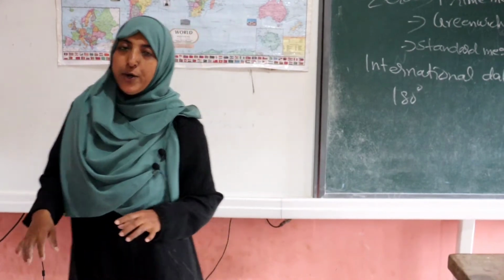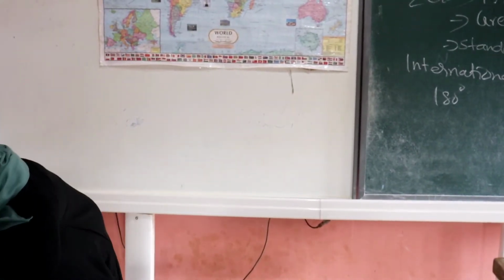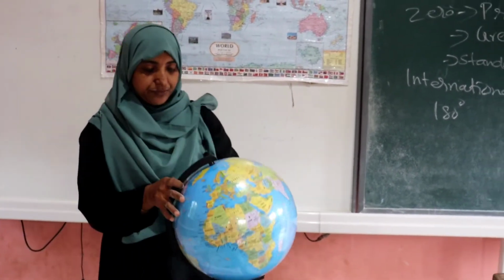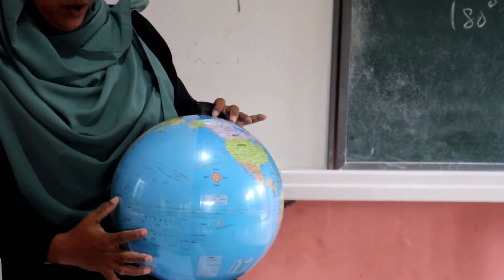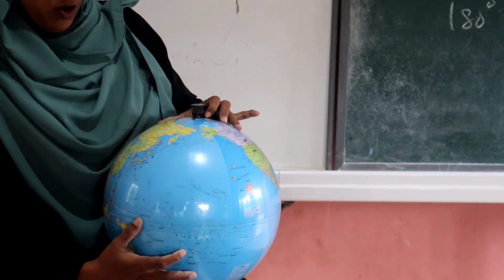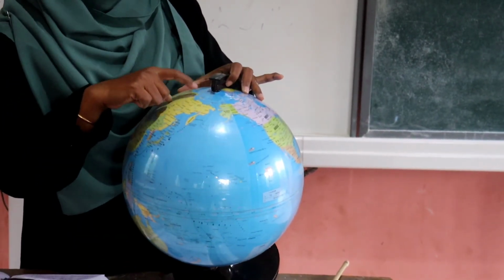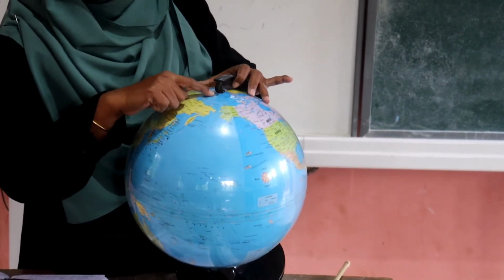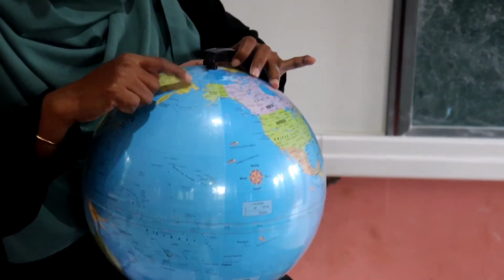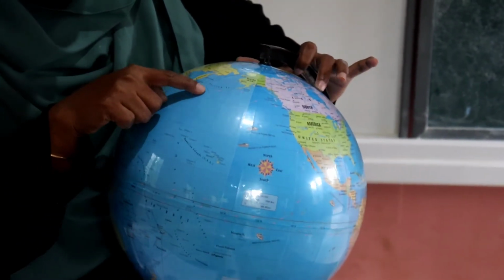So I am going to show you with the help of a globe. All of you look here. In our globe, we can see the international date line. From the North Pole, you can see it goes this way, and it passes through this way.